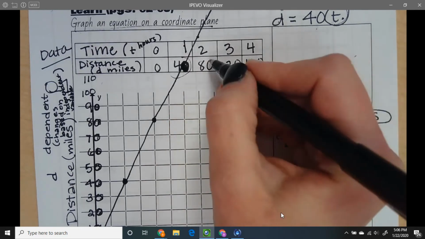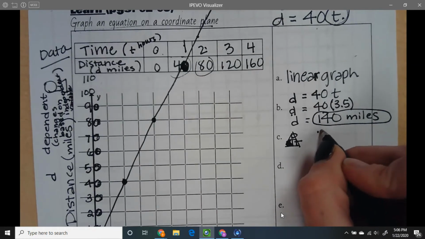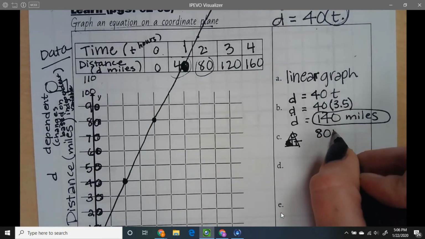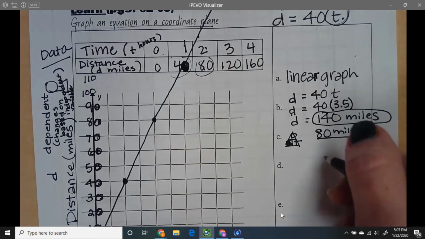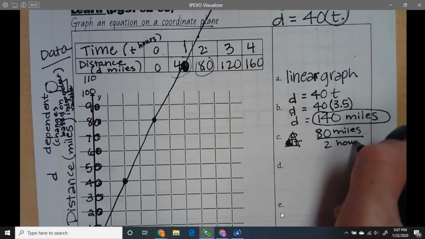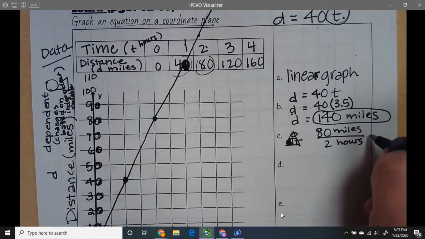To make sure, I'm going to take one that's not a 1 or a 0. I'm going to take the 80 for the distance and divide it by the 2 hours for the time. And 80 miles divided by 2 would be 40. And then it's miles per hour.